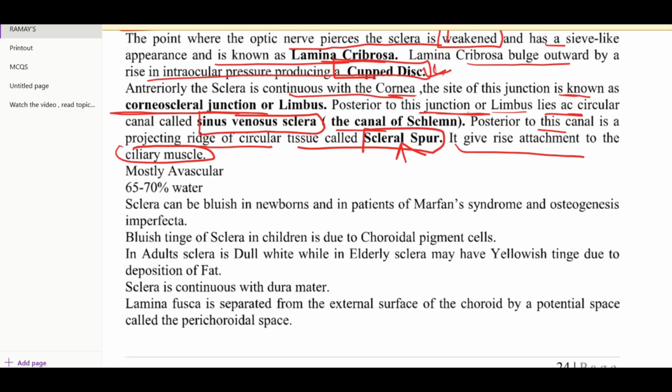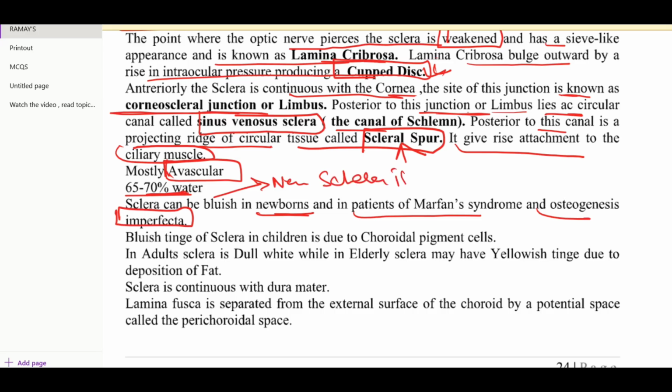Sclera is mostly avascular. It is 65 to 70% water. Sclera can be bluish in newborns and in patients with Marfan syndrome and osteogenesis imperfecta. Why? Because in newborns the sclera is underdeveloped, not fully developed.